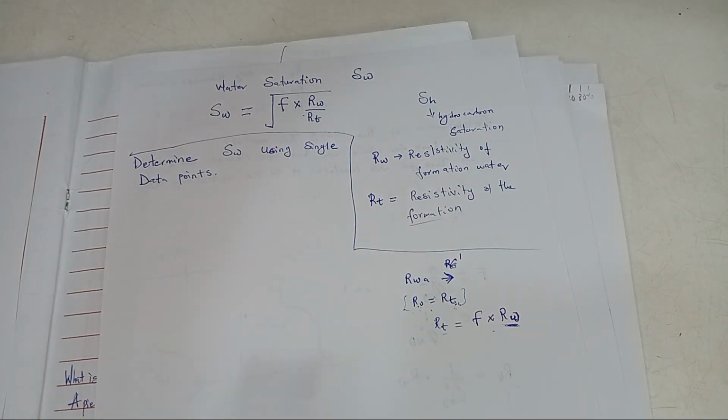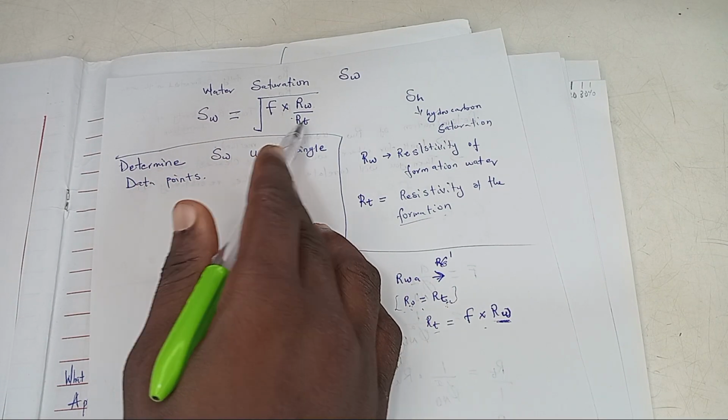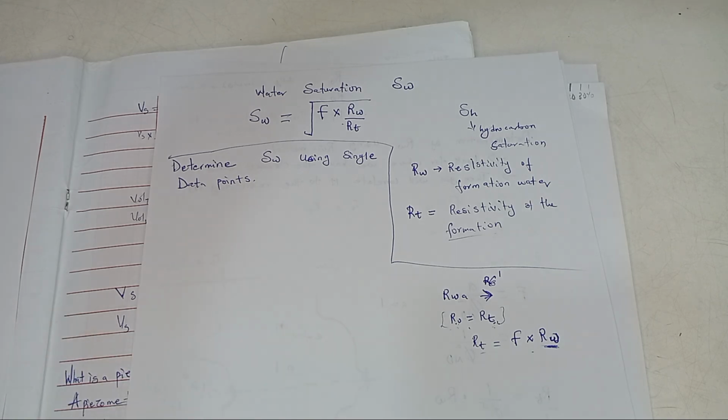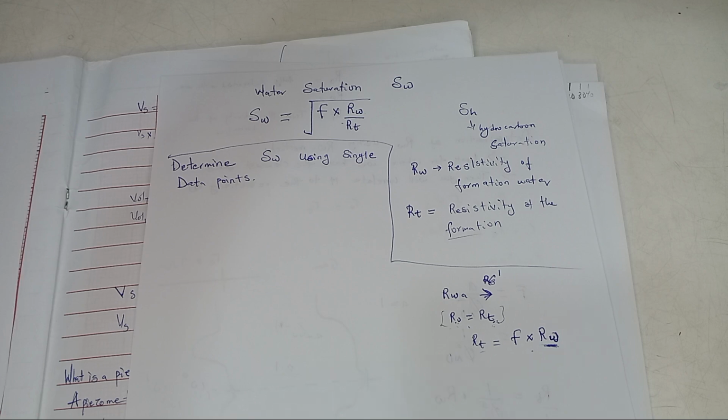But you're not going to use RT here, because when you are looking for water saturation, you're looking at water saturation for the formation, not just the clean sand. So we look at the saturation of water. So what's the water saturation in that formation?